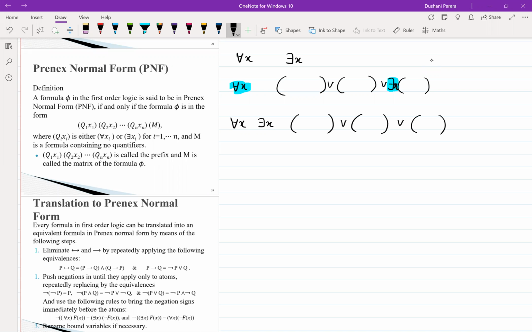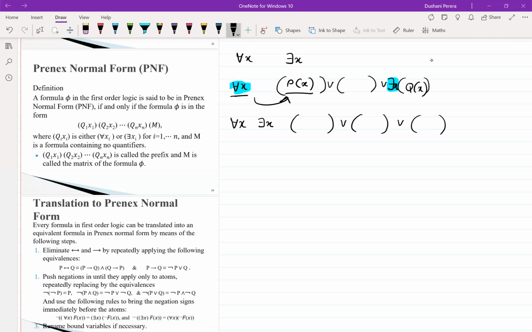To make sure that the literals are not affected, what you can do is label or name your variables. For example, say you had the predicate P(x) with for all x, and for some x was for something like Q(x).